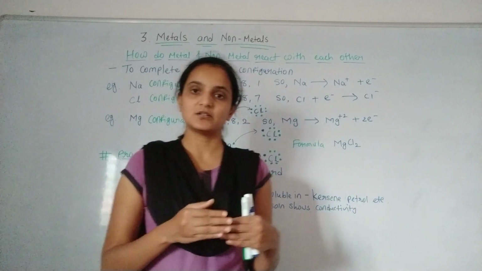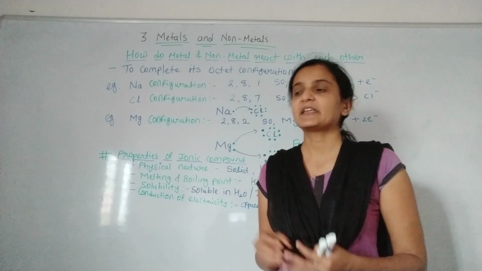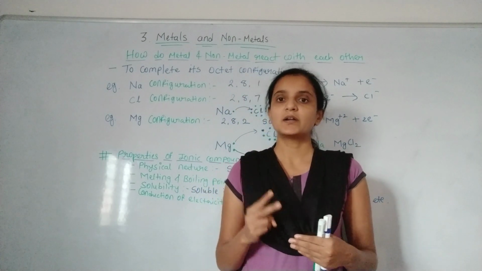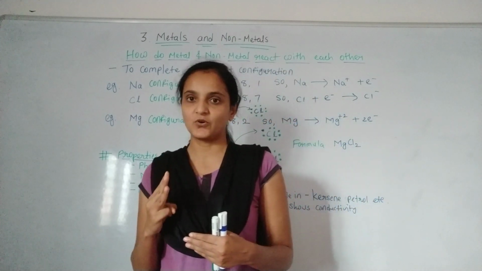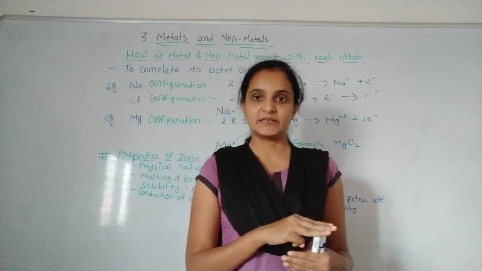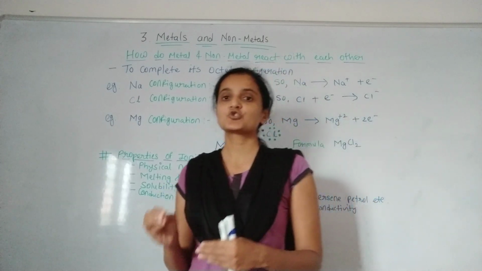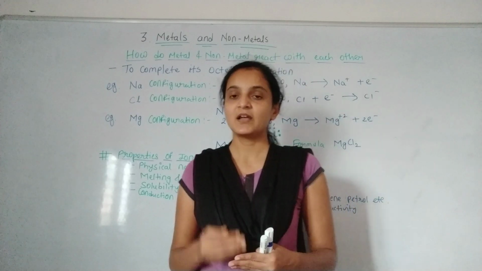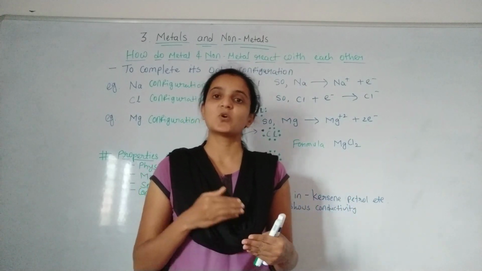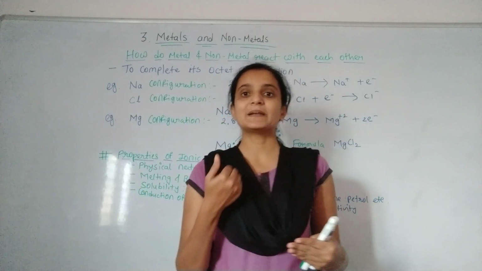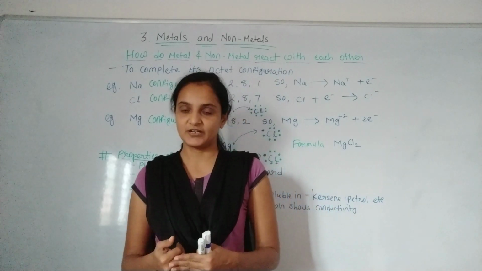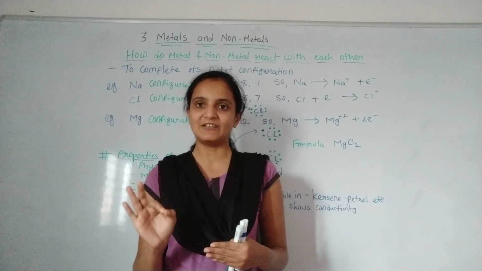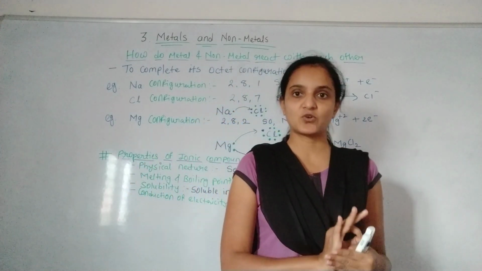So if any element has 1, 2 or 3 electrons in its outermost orbital, then it will donate those electrons, because it is not able to gain 5, 6 or 7 electrons to complete its octet configuration. Octet configuration means the outermost orbital is completely filled with 8 electrons.